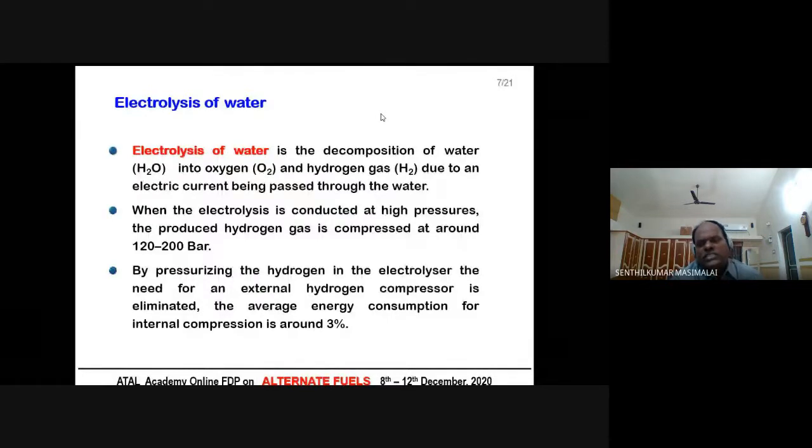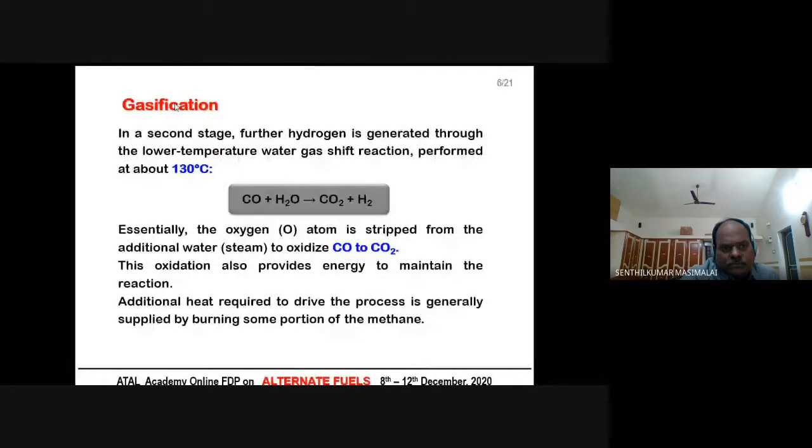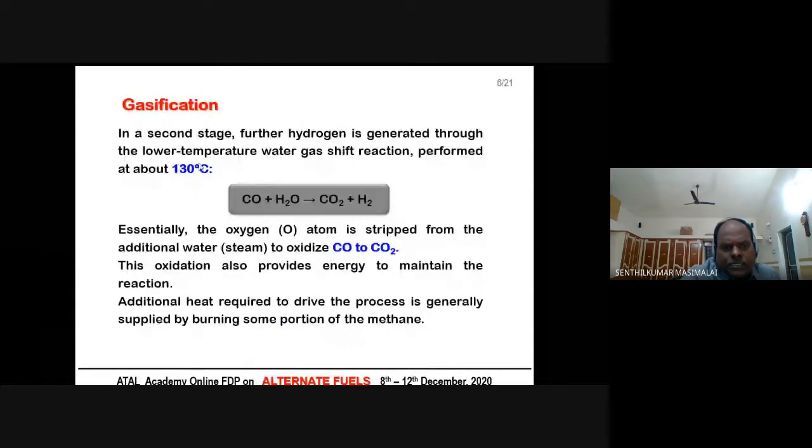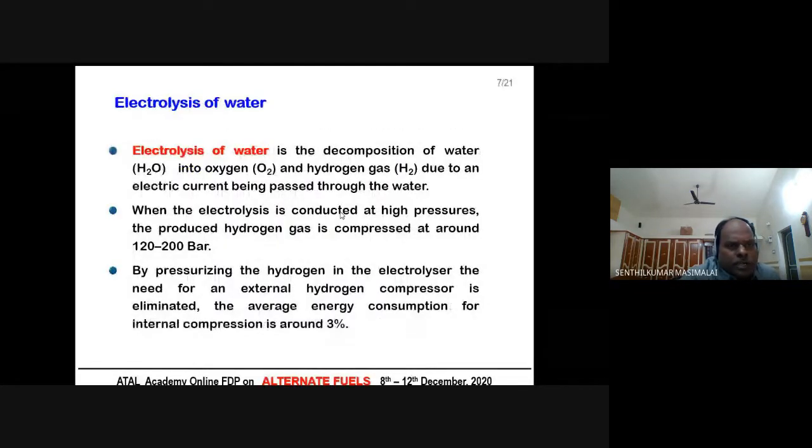Those are other methods, but the main method for producing hydrogen is the gasification process. In gasification, in two stages, at high temperature and at low temperature, we can produce hydrogen in bulk. So this is the production method of hydrogen.